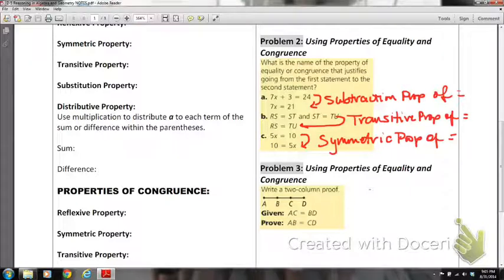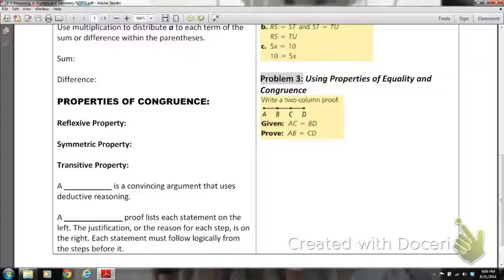Problem number 3, we're using properties of equality and congruence. In this problem, you're asked to write a 2-column proof. And you're given that the length of segment AC is equal to the length of segment BD. So the length of AC is equal to the length of BD.